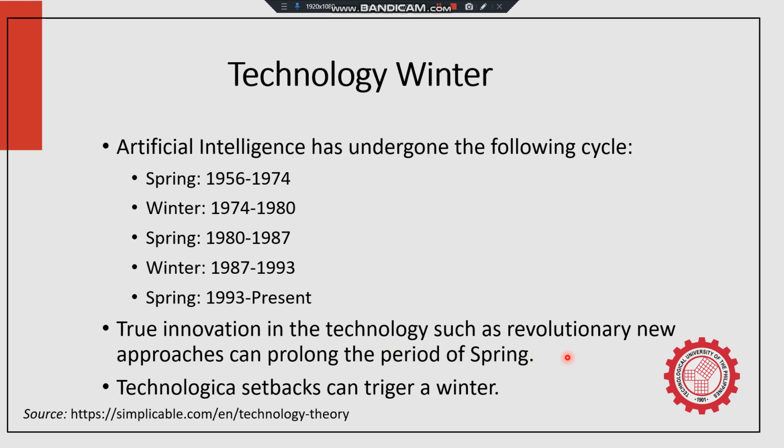Those are the years that are truly abundant. Okay? Technological setbacks can trigger a winter. So, when there is a setback in the technology, meaning there are negative impacts, many risks, okay? So, it might cause the technology to stagnate.